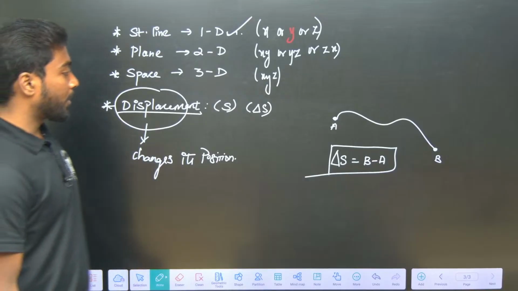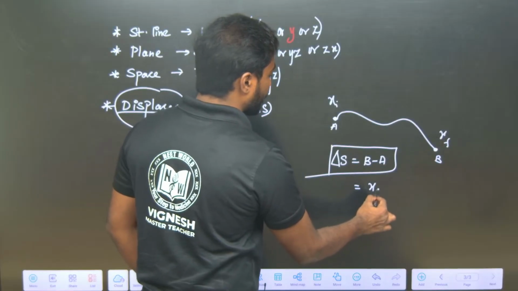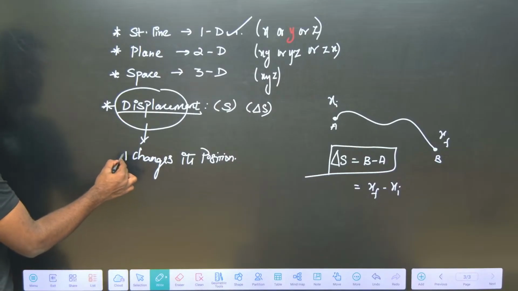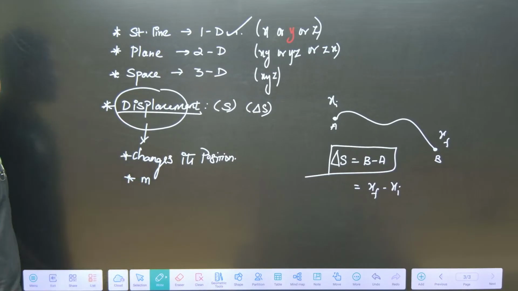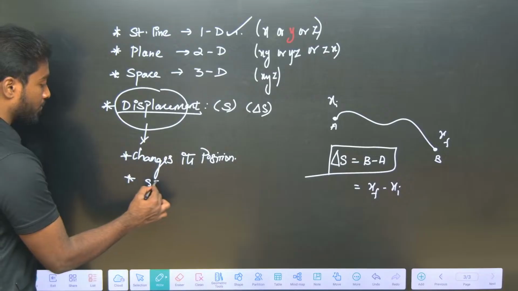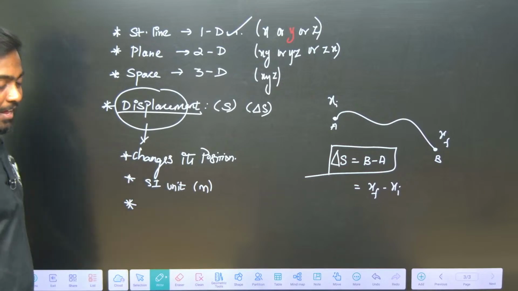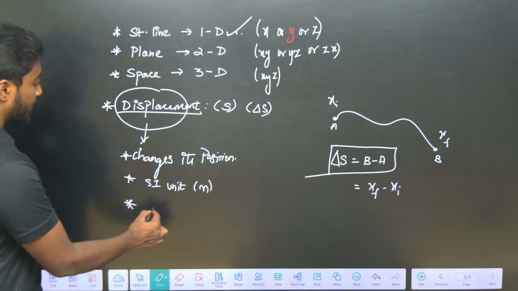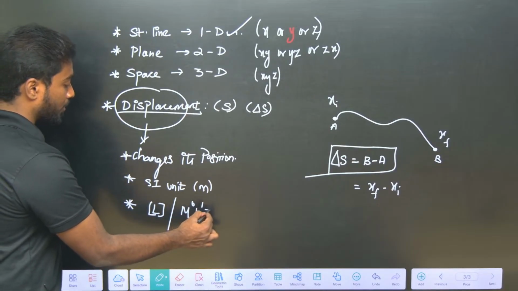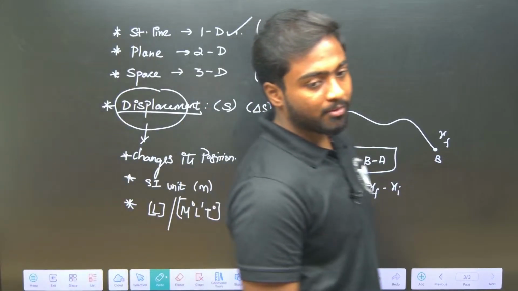Or else we can say x initial, x final, so x final minus x initial. The SI unit is meter, whereas the dimensional formula is L, or else M0 L1 T0. So this is about displacement.